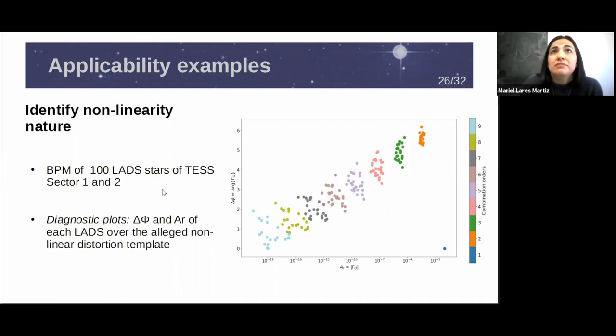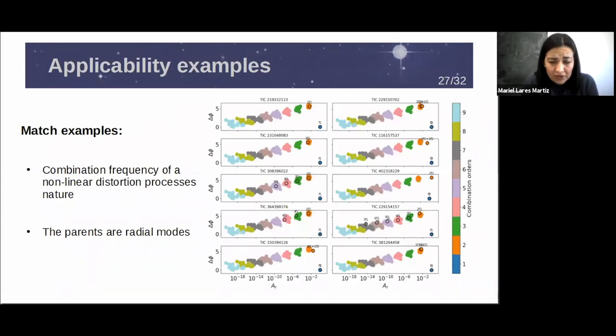Not always do low amplitude Delta Scutis have combination frequencies, but for at least 10 stars we have a matching with the template, and so we can see that when we match this template, we could make some inferences, like for example that the combination frequencies of these stars are of a nonlinear distortion nature.